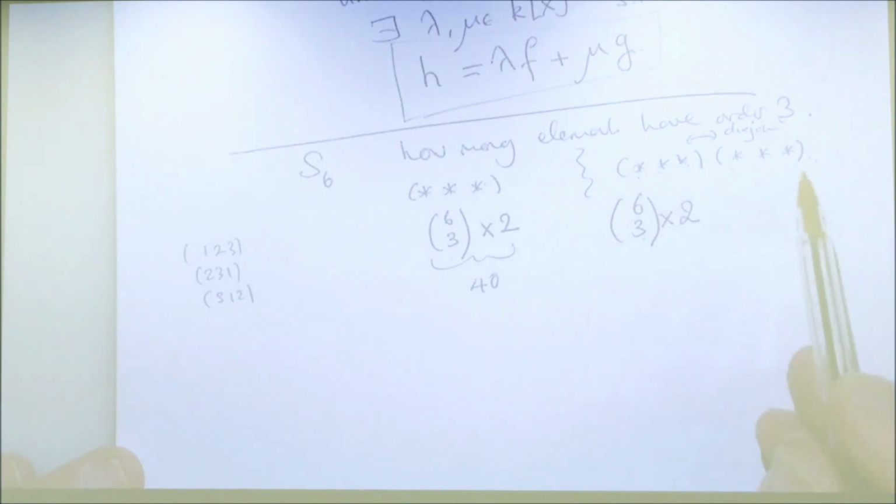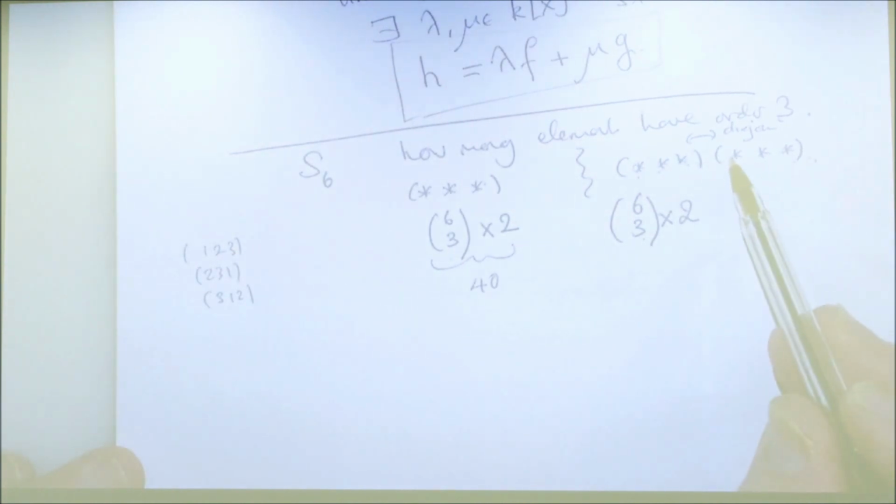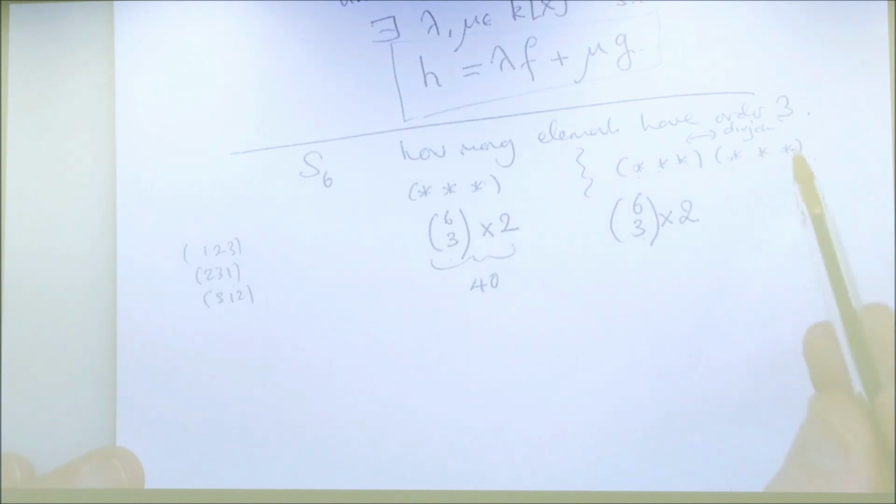Now I've got no more choices, because the numbers that go here are the numbers which don't go there. That's forced. I can write the smallest of the 3 numbers at the beginning, and the other 2 can go one way round or the other. So that gives me another factor of 2 there.